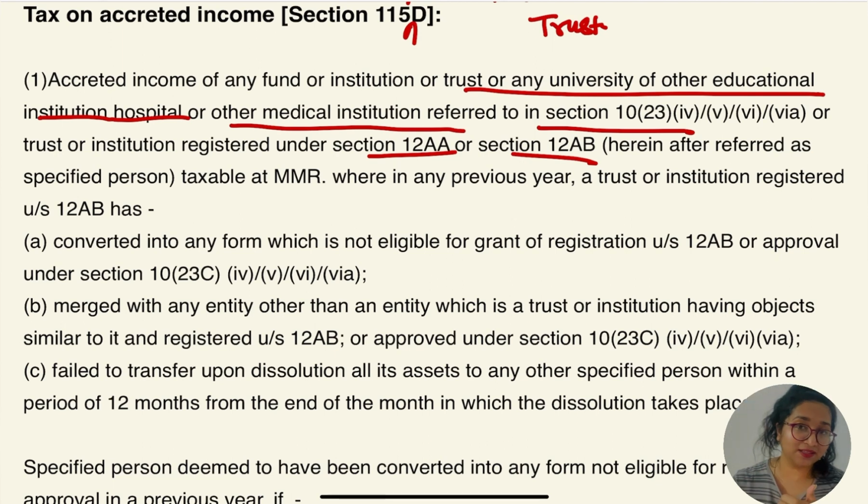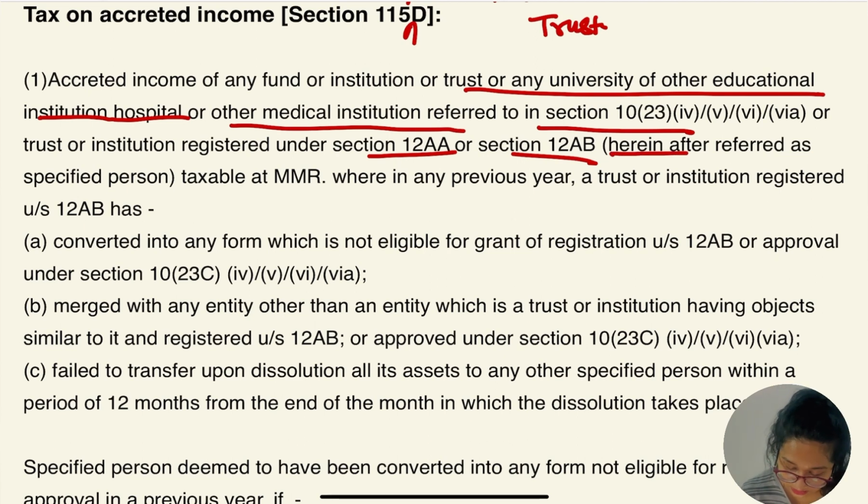So for these sections, these trusts we are going to take.